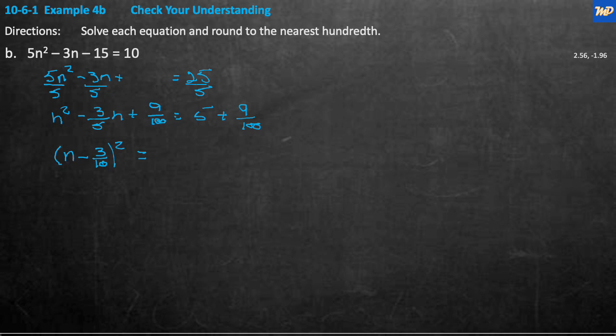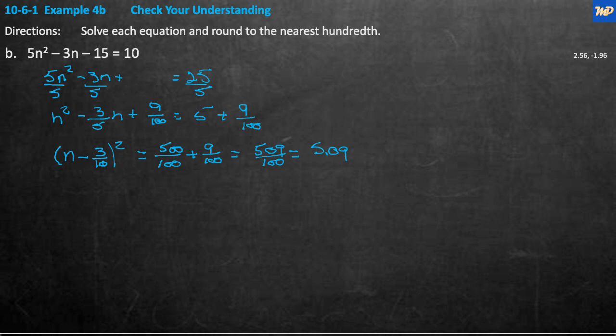I have to multiply the top and the bottom by 100. So that's going to be 500 100ths plus 9 100ths. And if I just continue on right here, that'll be 509 100ths, or one last step, 5.09.